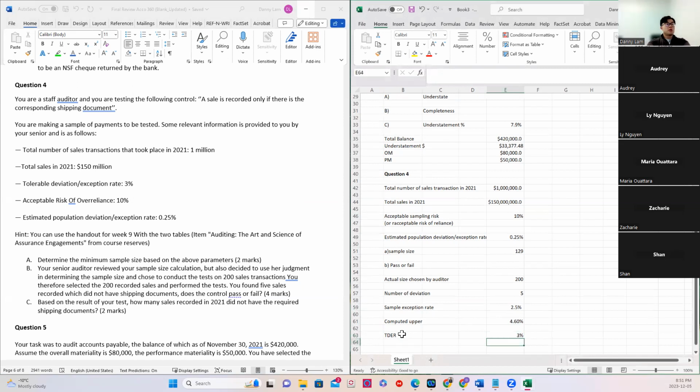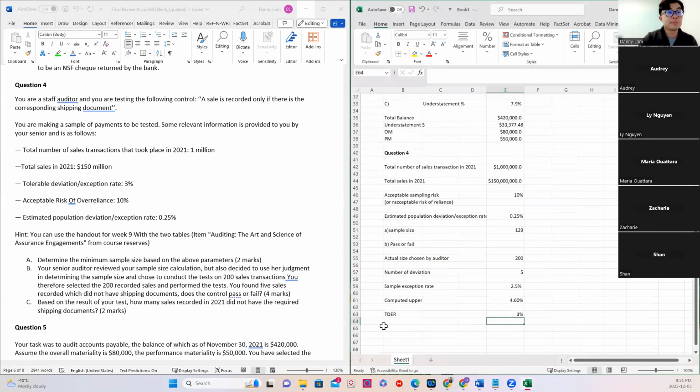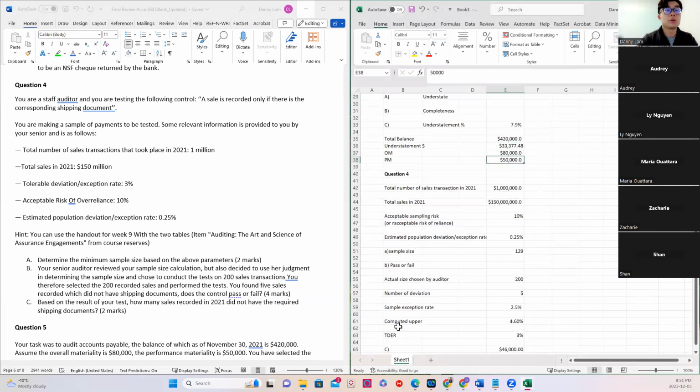And then based on the results of your test, how many sales recorded in 2021 did not have the required shipping documents? So you know you have your 4.6. So C. This is not in dollars, because the 1 million is not supposed to be in dollars.